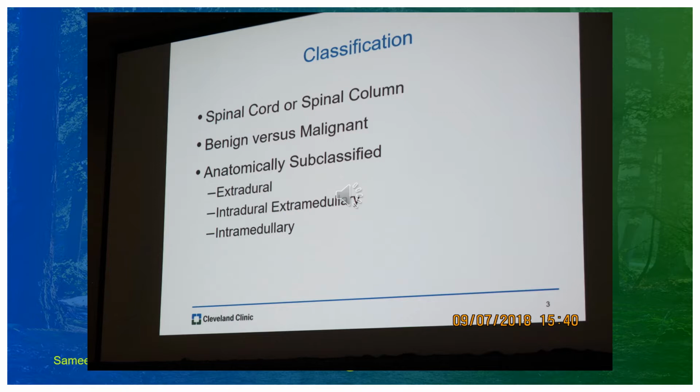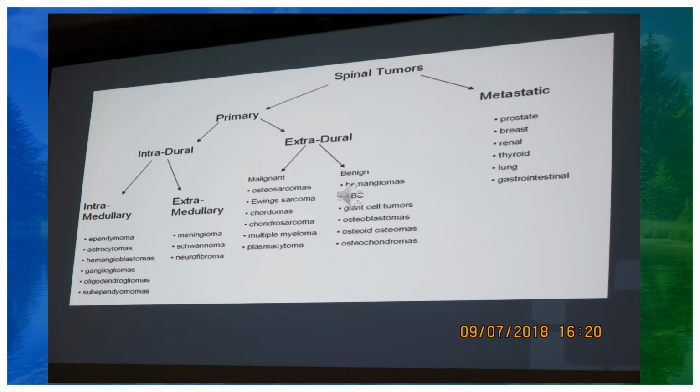Anatomically, they are subclassified into extradural, and intradural but extramedullary, meaning they are intradural tumors but outside the spinal cord parenchyma, or tumors that involve the spinal cord itself, so they are intramedullary. This is a schematic representation of spine tumors.